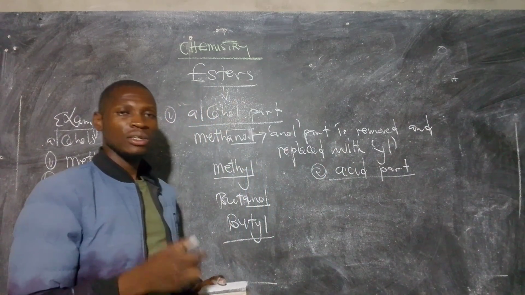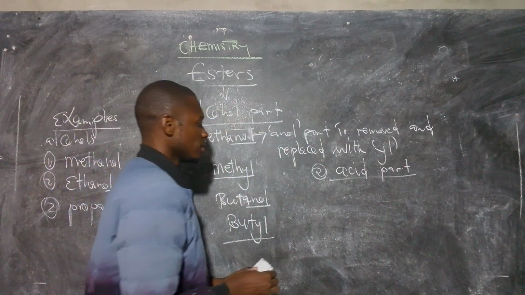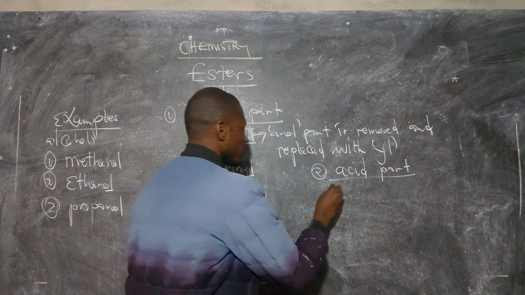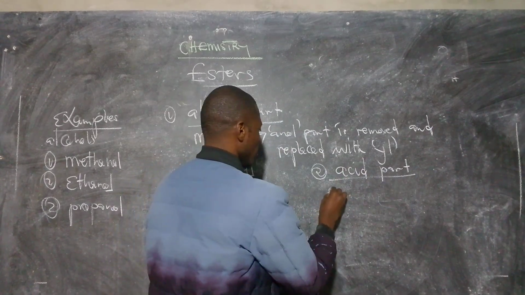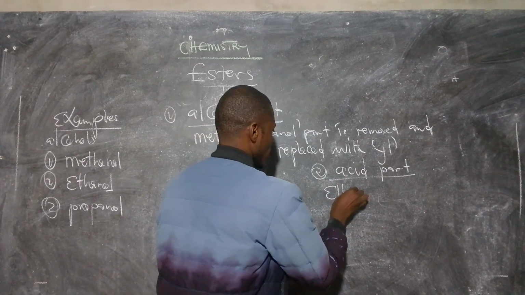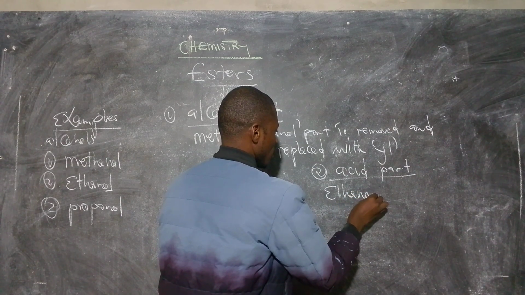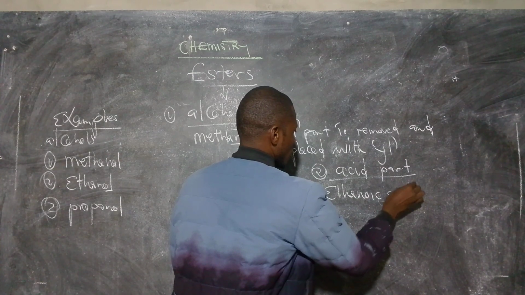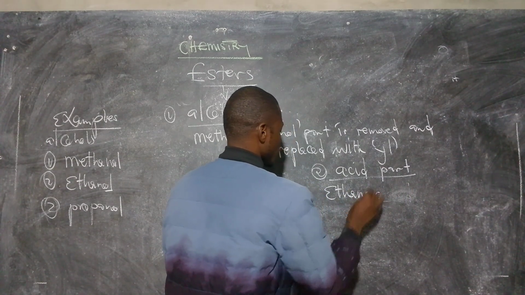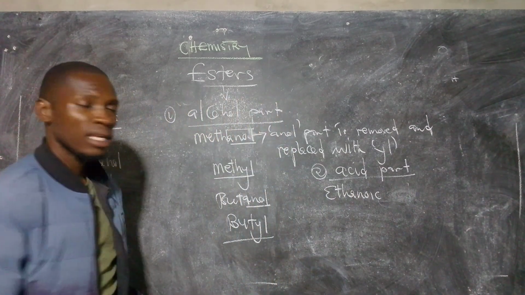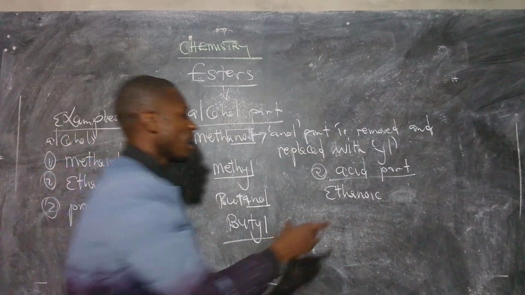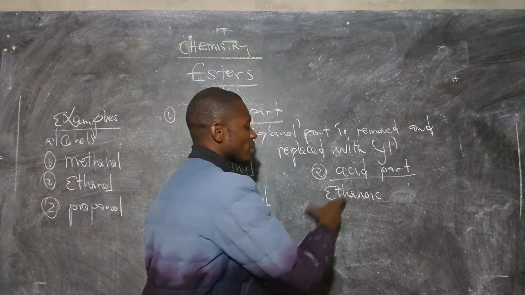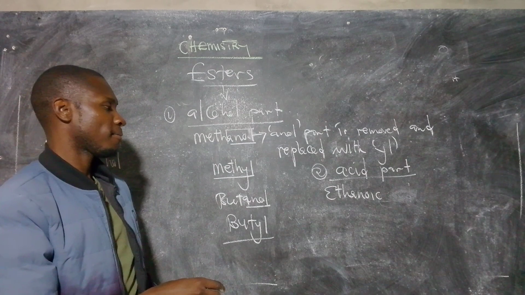So whenever we're dealing with acids, let's get an example of an acid. Ethanoic acid. Okay, ethanoic. So this ethanoic, under the acid part, what are we supposed to remove from there?